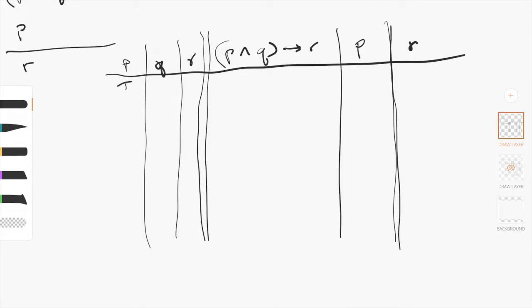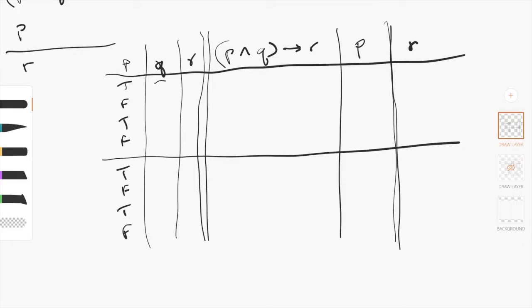So we'll do true, false, true, false, true, false, true, false. And for Q, we'll double the alternating factor: true, true, false, false, true, true, false, false. And now we'll double again, and we'll get 4 trues and 4 falses.